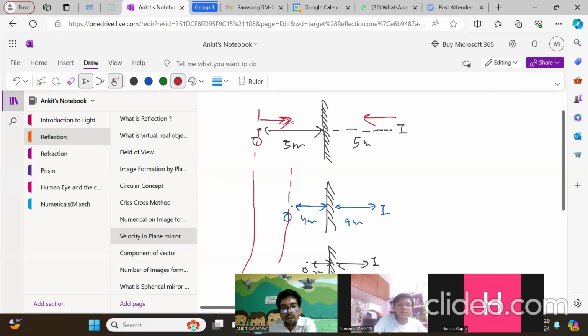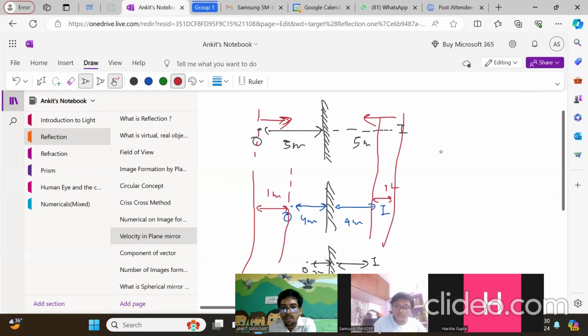In every 1 second, this object is displaced by how much? 1 meter. From 5 to 4, 1 meter displacement. A similar displacement is done by the image. Do you notice this?